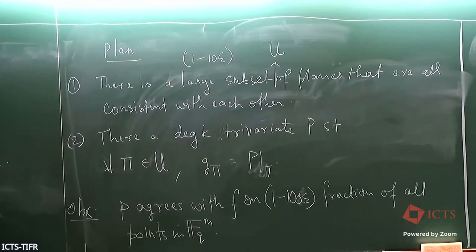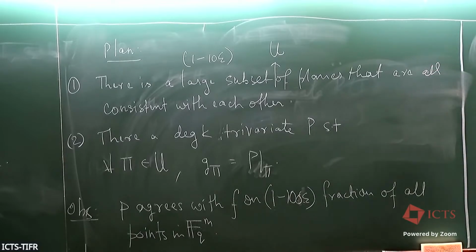Right, but you have to get a large collection and you want all pairs to be consistent. You want a large subset such that every pair of planes in this subset are consistent with each other. So here's one way of doing this. We can plot this information in a graph.